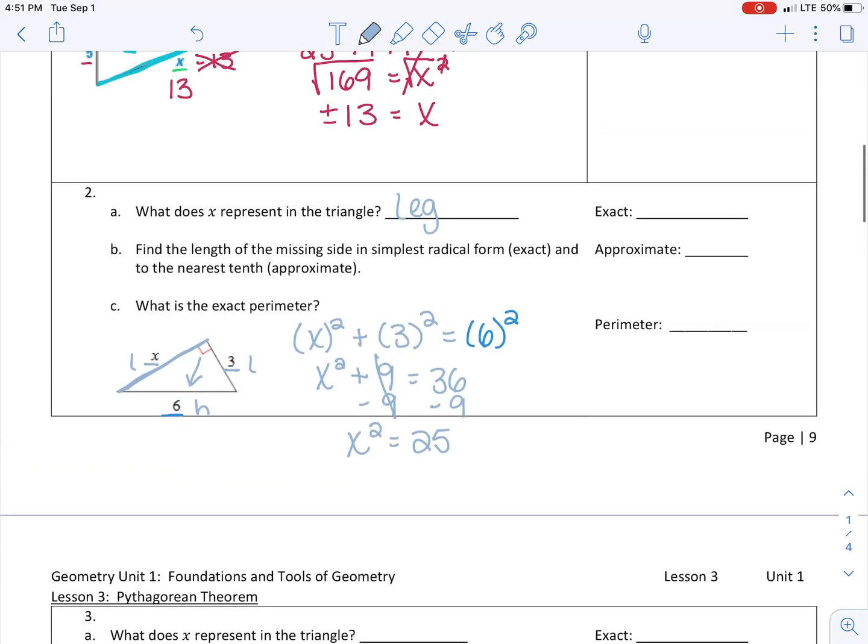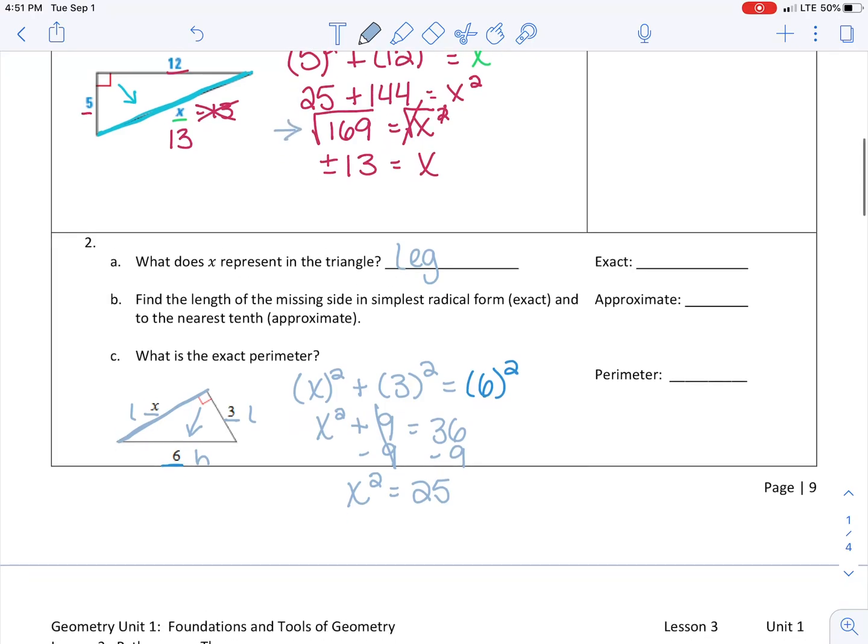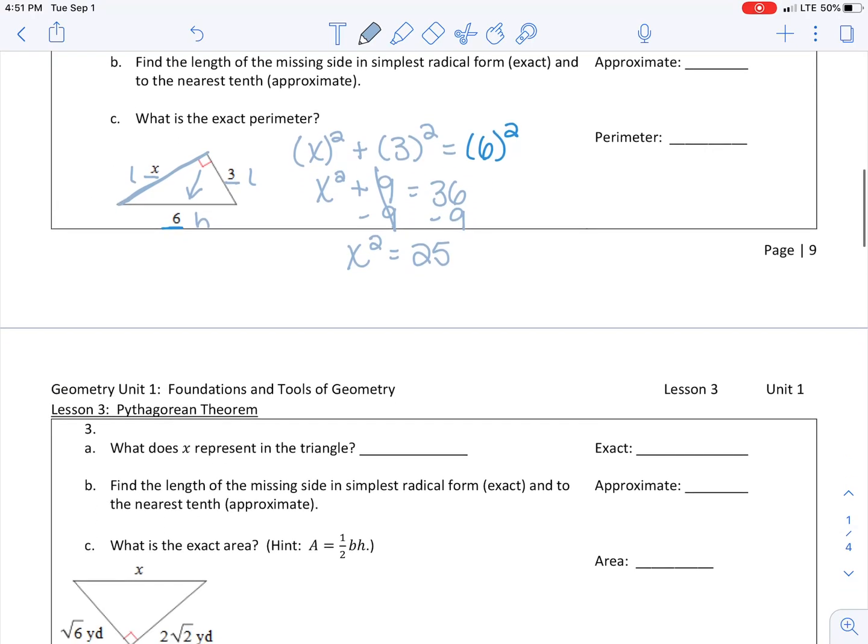From there, if you look back up at our example, we took the square root on both sides to get rid of that square. The square root and the square go away, and I get x equals the square root of 25, and that is a perfect square. So x is equal to 5.